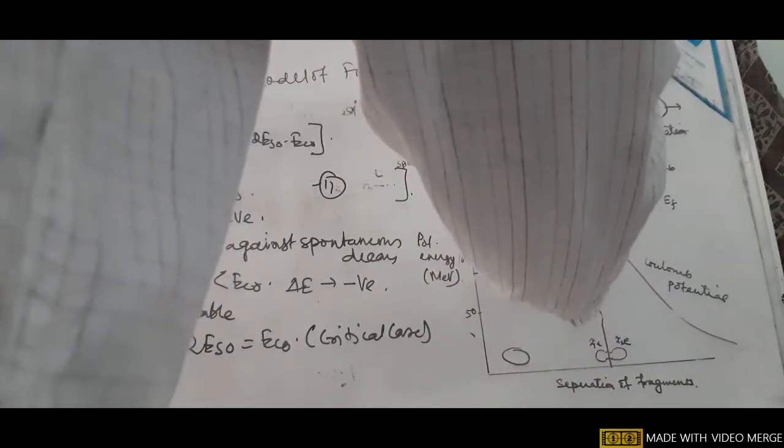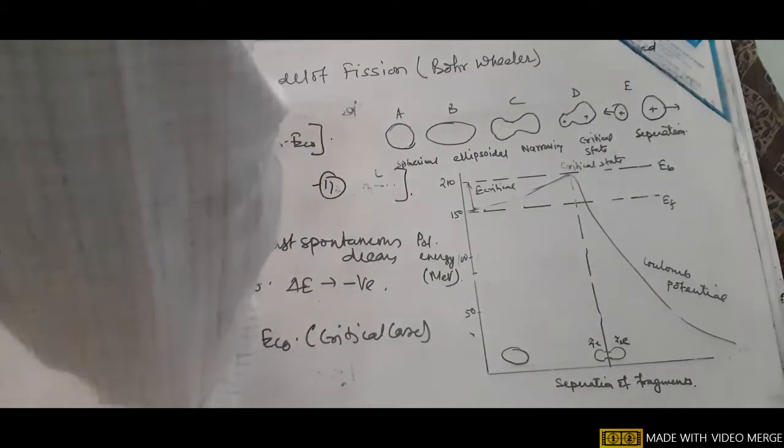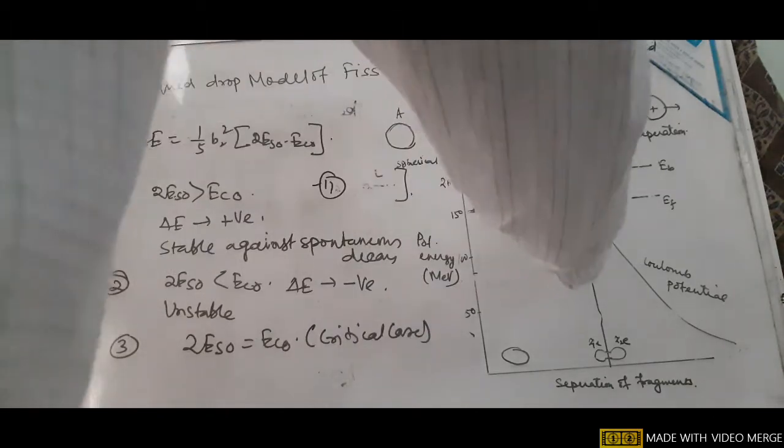As a result, the oscillation becomes more and more, the shape of the nucleus is distorted, and at a certain stage there is a neck at the middle, the two sides oscillate more, and gradually it becomes separated. So at this point we find this is the critical state where the surface energy and the Coulomb energy become equal.